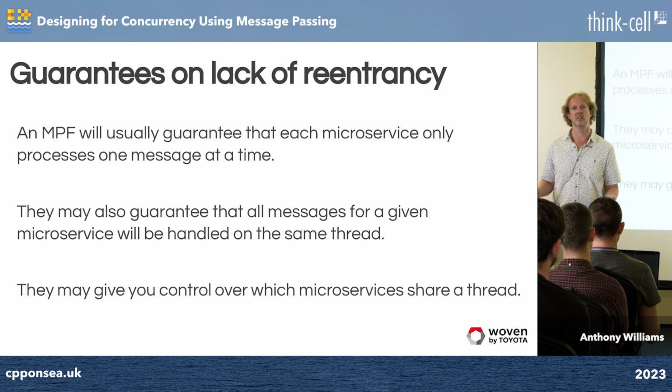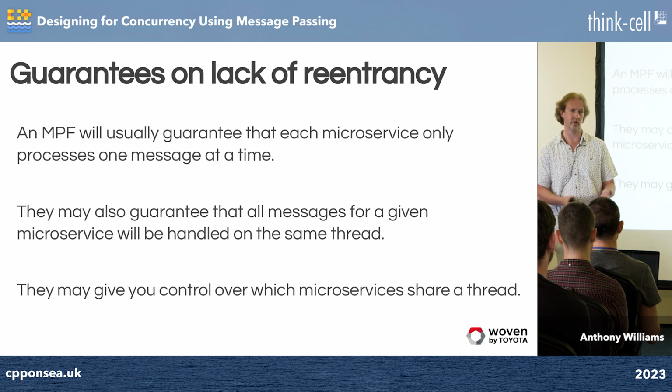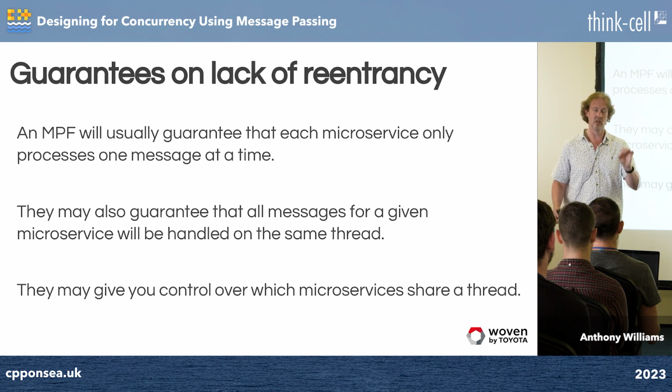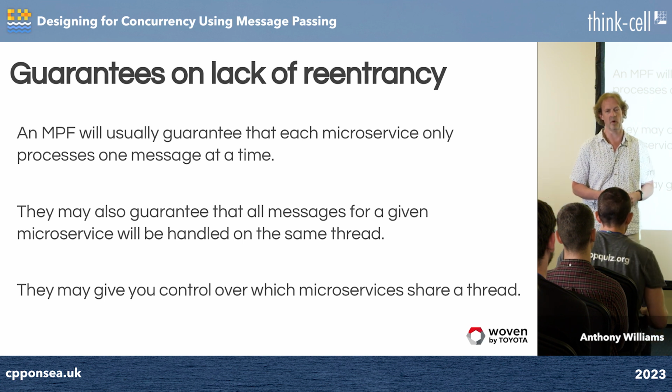And if things do guarantee a specific thread, then you might be able to control which of the microservices do share a thread and which don't. That might be important, that you have a dedicated thread for something that doesn't share with anything else, or it might not be. And depending on what level of control your framework gives you, you might be able to utilize that, and that might be important.